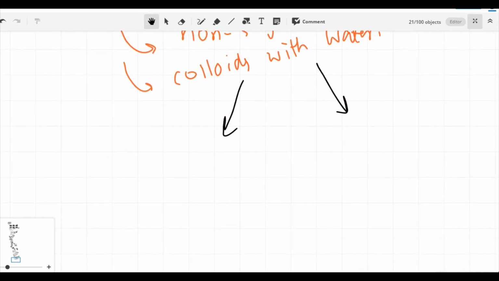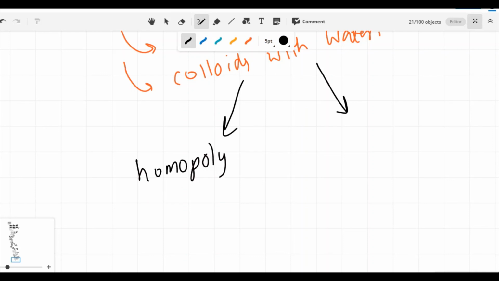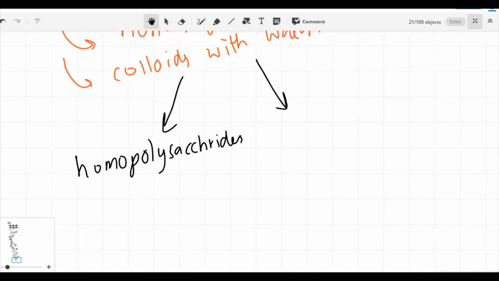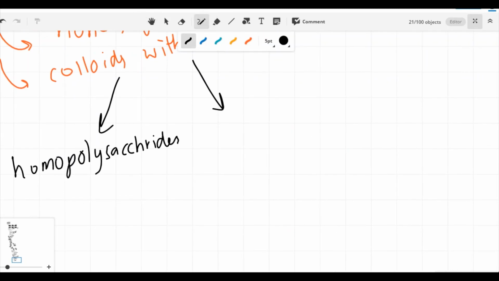These are homopolysaccharides, and the second category is heteropolysaccharides.